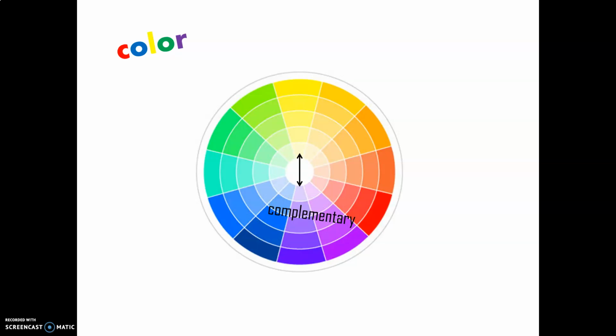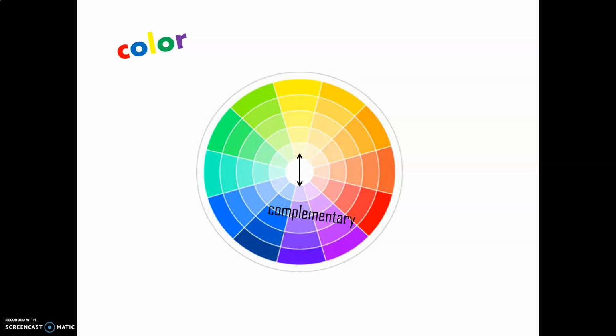The last color scheme that you can consider is complementary. So they're on the opposite sides of the color wheel. Complementary colors are the highest contrast that you can get in colors because they are opposite. And so you'll notice that a lot of sports teams have these colors. As you can see in this wheel, purple and yellow, blue and orange. You'll see a lot of sports colors doing that because it helps the number on the jersey to pop out.